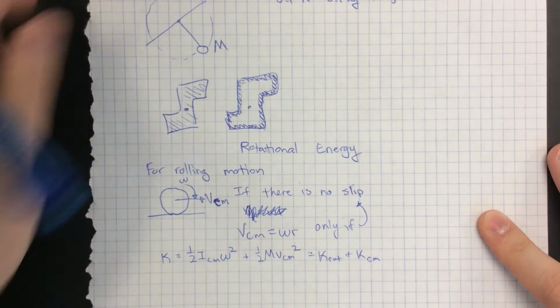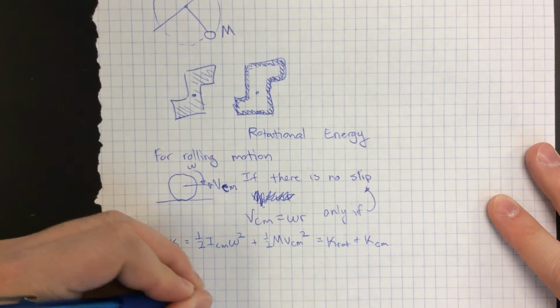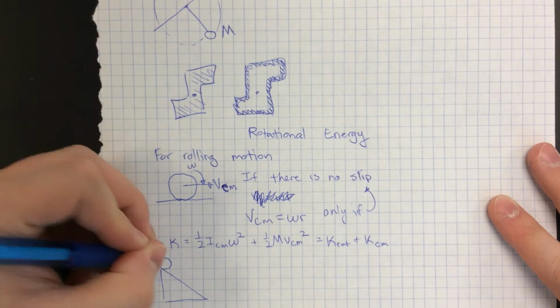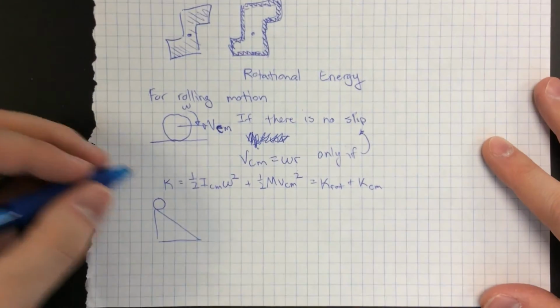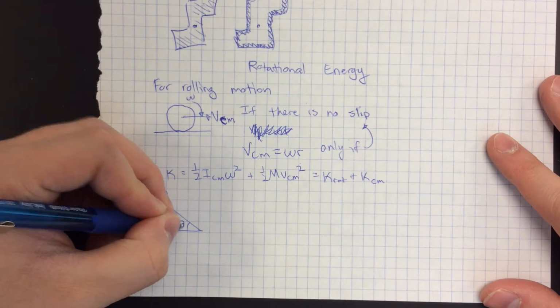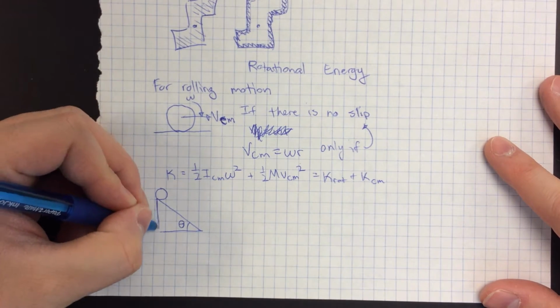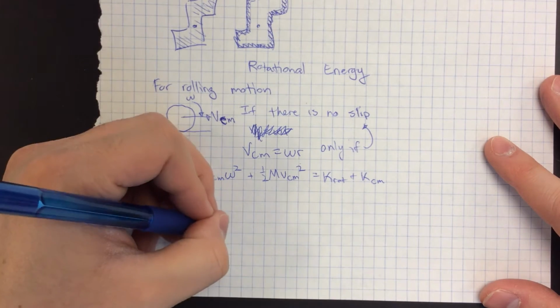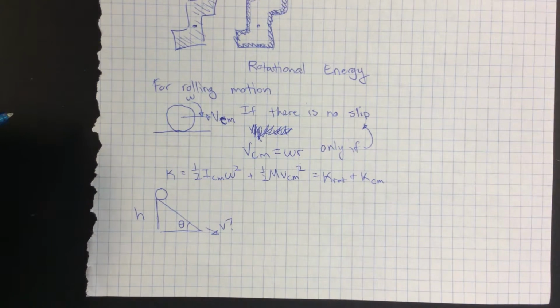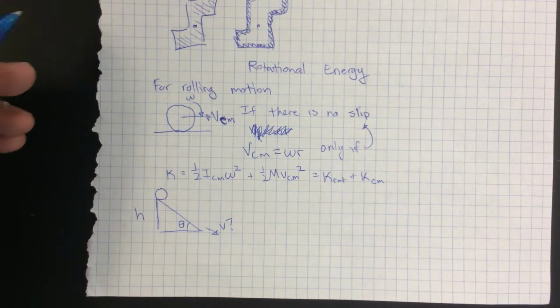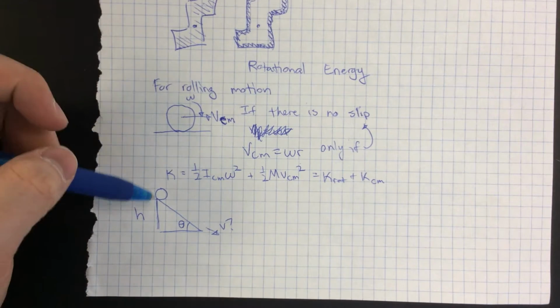Okay, let's say you have this object like a disk that is rolling down a ramp with angle theta, and it starts at height h. And we want to know, by the time it gets to the bottom, how fast is it going? If it were just a box sliding with no friction, it'd be like free fall.